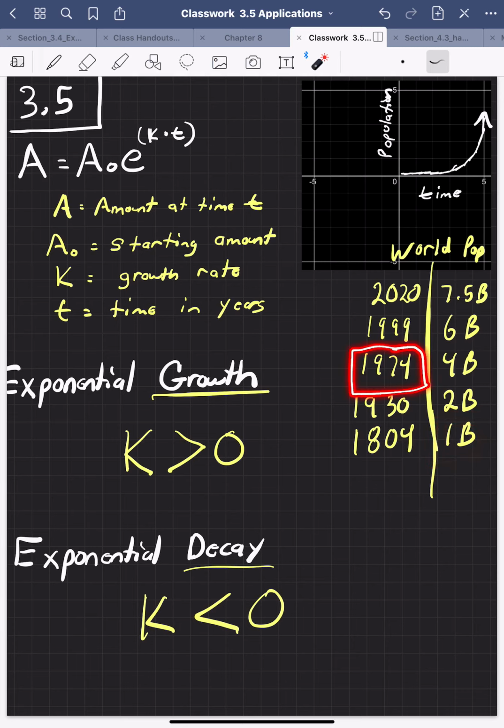Now, if I were to ask you what the world population growth rate is, you might think we must be growing 5% per year, 8% per year, 10%. It's actually 1.1% growth per year, and all of this was done with about that.